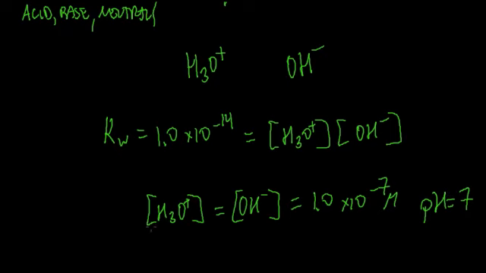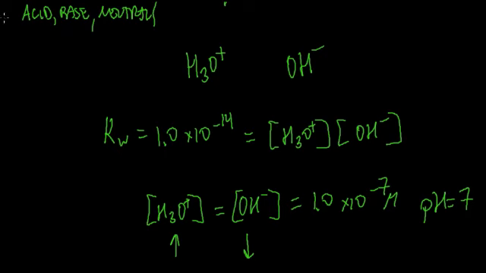But when one goes up, let's say the concentration of H3O plus goes up, since this is a constant, when you multiply them, they need to be 1.0 times 10 to the minus 14. So the other is going to go down. So the interplay between the two, when one goes up, the other has to go down. At only one point are they equal, and that's 1.0 times 10 to the minus 7.